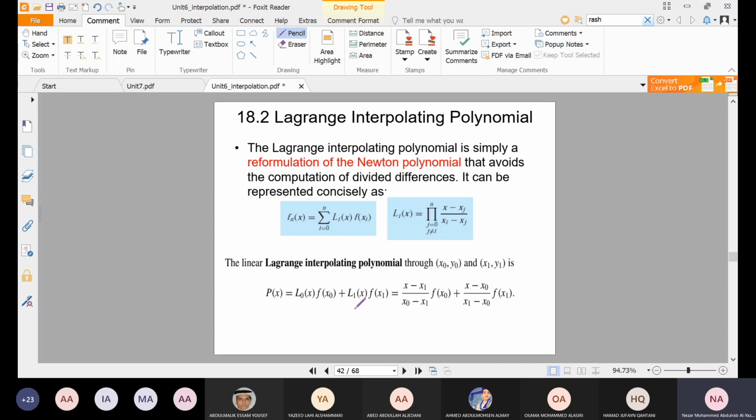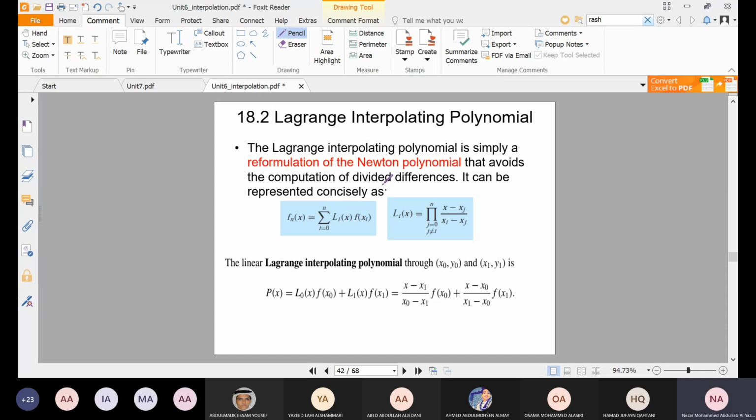So instead of having a divided difference, in this case we try to avoid it by reforming or restructuring this polynomial. So it is equal. At the end we should have the same solution. It is the same method. The error should be the same. The estimation should be the same. But this method should be easier than the divided difference, because here we don't have any divided difference. We have only the parameters and the functions, just the reformulation of the divided difference.